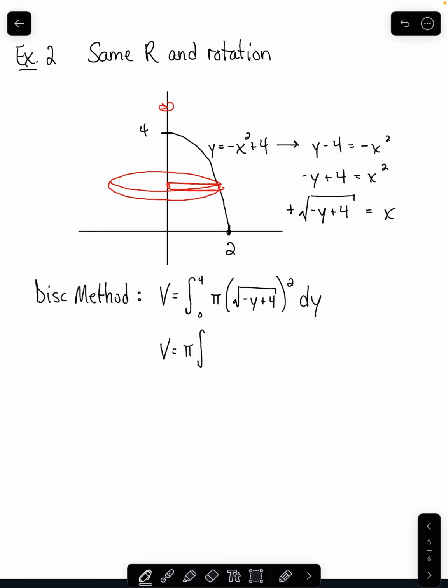We can, as usual, bring the pi out in front. The square actually cancels out the square root beautifully and leaves us with negative y plus 4. The antiderivative of which is negative y squared over 2 plus 4y, and that is evaluated at y equals 4 minus the evaluation at y equals 0.